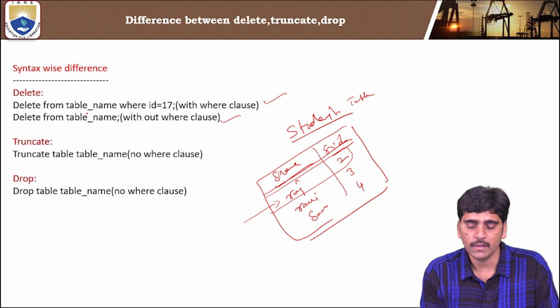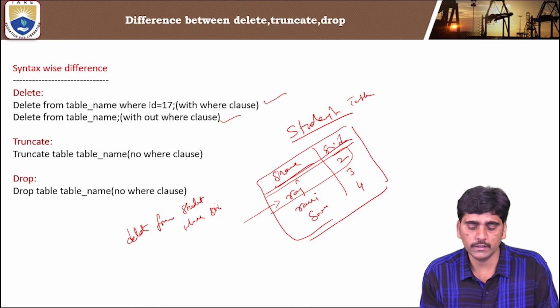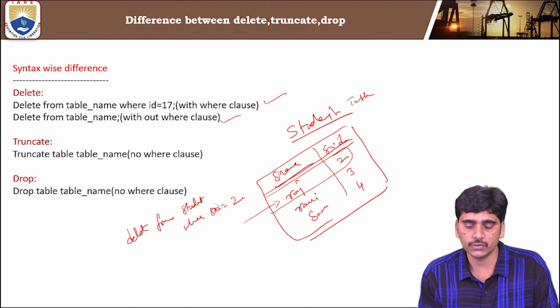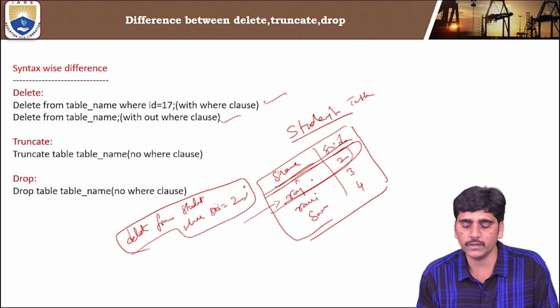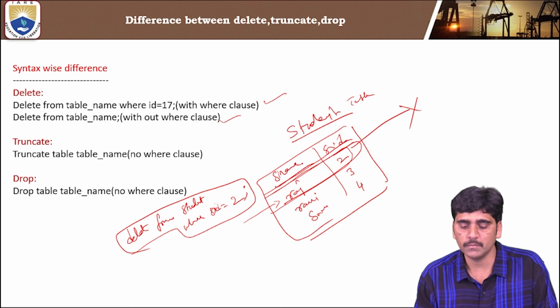Delete from table name, student, where student ID equals 2. Then after doing this operation, the Raj record will be deleted, and the remaining other two records will be safe.